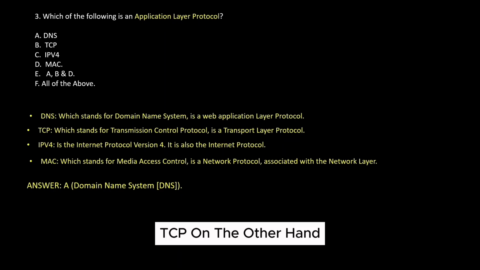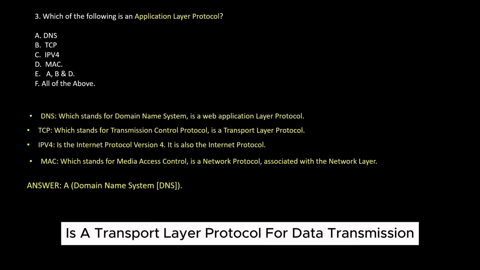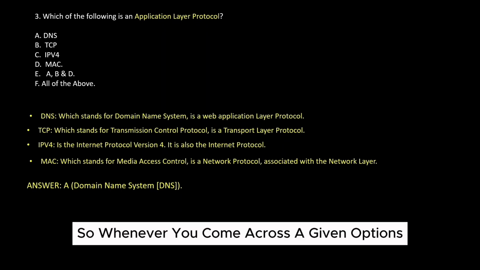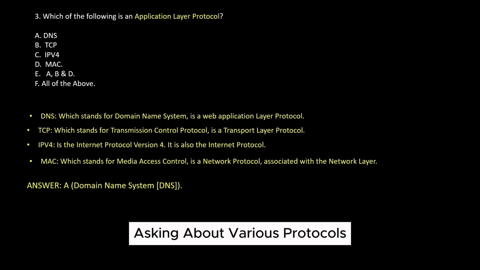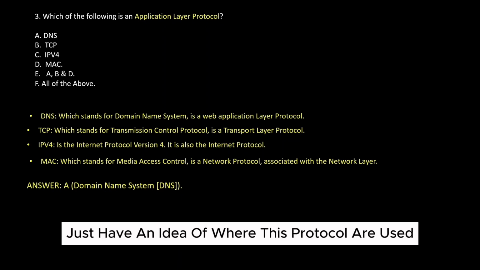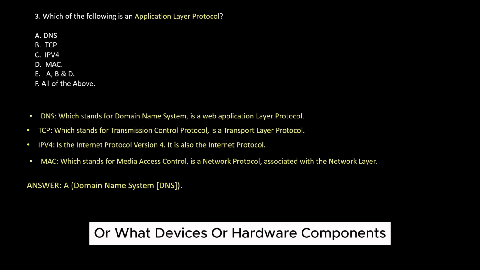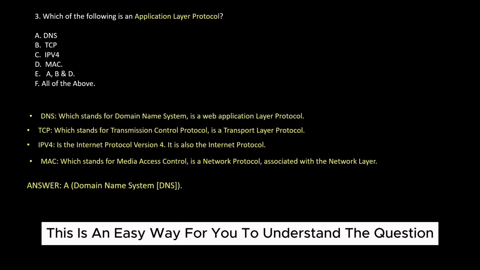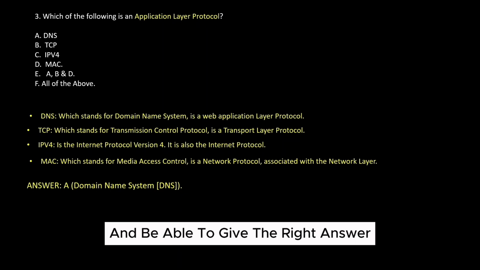TCP, on the other hand, is a transport layer protocol for data transmission. So whenever you come across given options asking about various protocols, just have an idea of where these protocols are used, or what devices, hardware components or software components are associated with this protocol. This is an easy way for you to understand the question and be able to give the right answer.